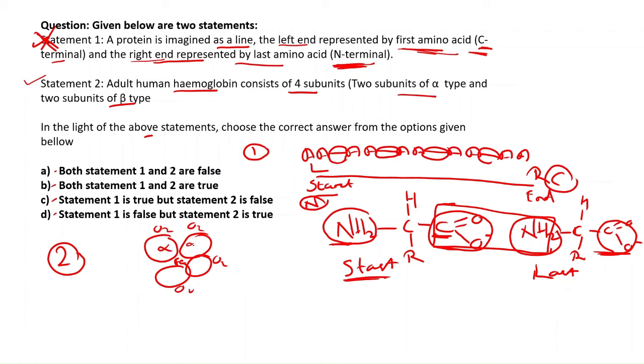Two are alpha subunits and two are beta subunits. Hence, statement 2 is the correct statement. So statement 1 is wrong and statement 2 is correct. Our correct answer is that statement 1 is false whereas statement 2 is true.